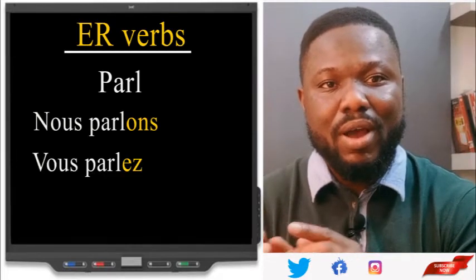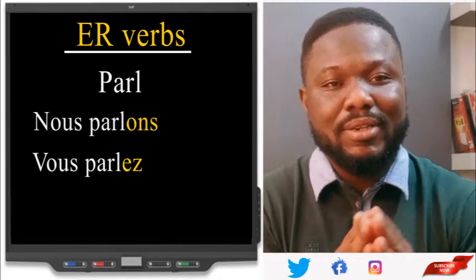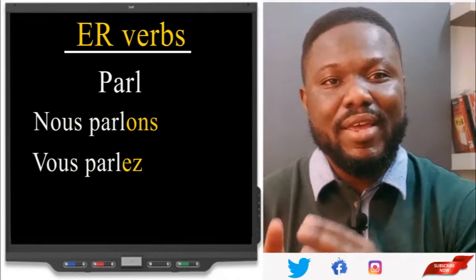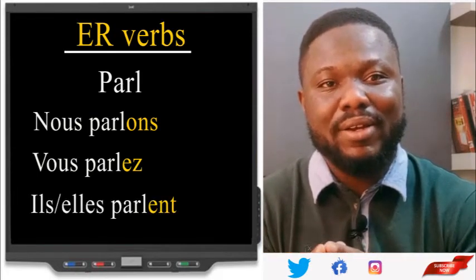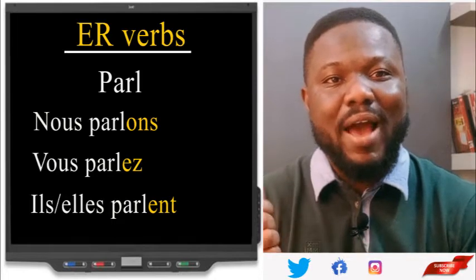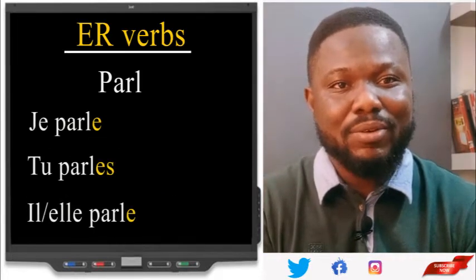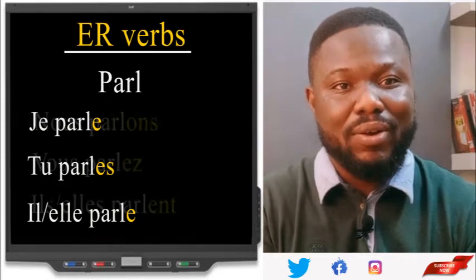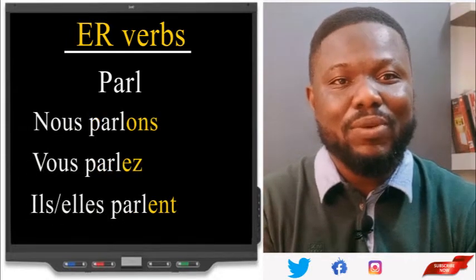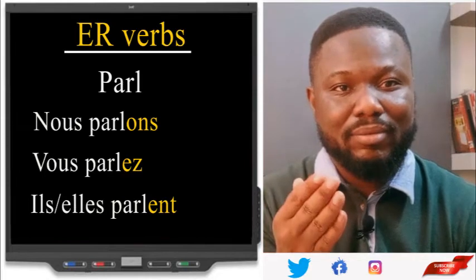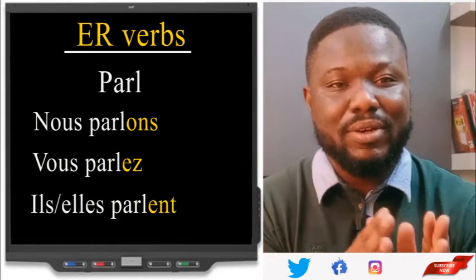For vous, I will add EZ. For ils and elles au pluriel, I will add ENT. So I have je parle, tu parles, il parle ou elle parle, nous parlons, vous parlez, ils ou elles au pluriel parlent. So this is how it goes.